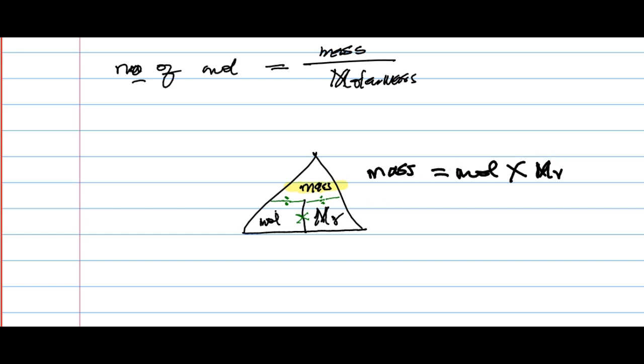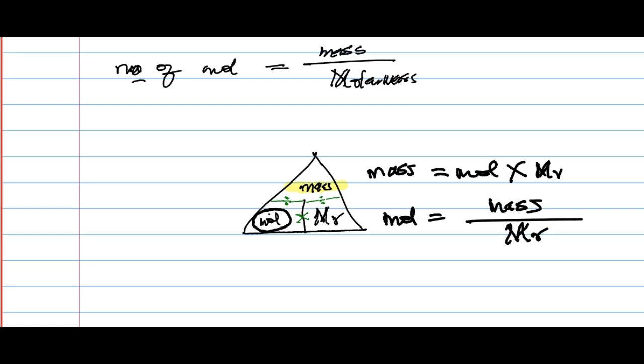Now, let's say we cover mole. What do we have left? We have mass divided by molar mass. Look at the division line here. So it means mole equals mass divided by molar mass.